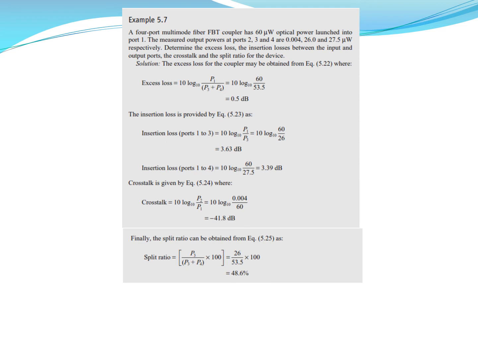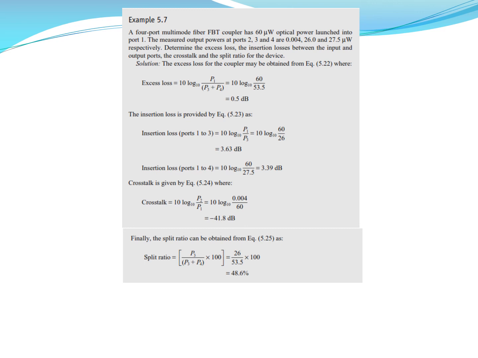Then the measured output powers at ports 2, 3 and 4, which are P2, P3 and P4, are 0.004, 26 and 27.5 microwatts respectively. So it means that P2 is 0.004 microwatt, P3 is 26 microwatt and P4 is 27.5 microwatts.